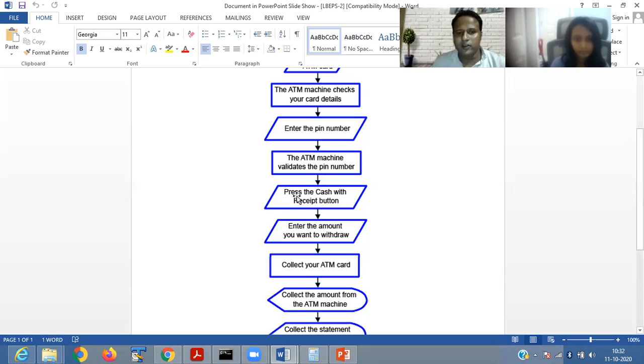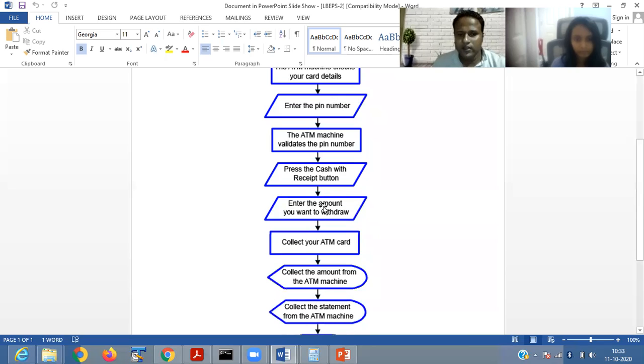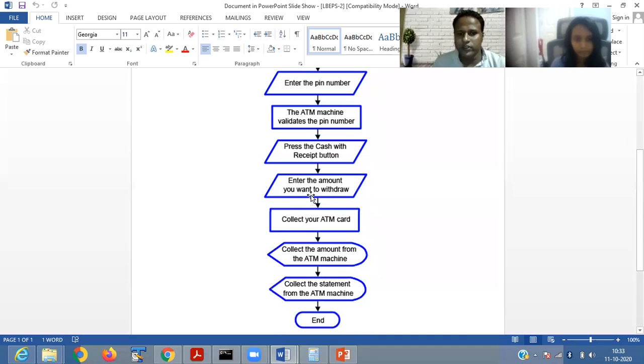Then we press the cash with receipt button, and enter the amount you want to withdraw. We give the input of how much we want. Then processing happens. Collect your ATM card.